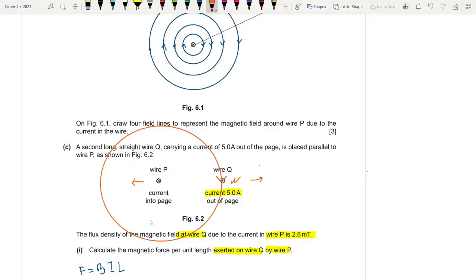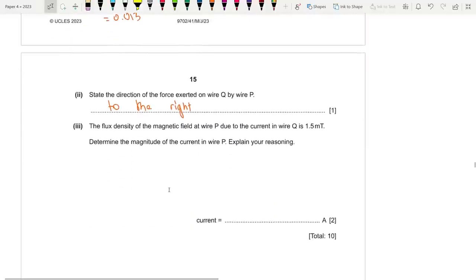My hand is on top of the screen. My middle finger is coming out from wire Q and my index finger is pointing downwards, and the thumb is pointing in this direction. That indicates the force. My index finger represents the direction of the magnetic field and the middle finger, which is coming out of the screen, indicates the direction of the current. So force is felt to the right, but this is totally irrelevant. You can directly find it out because they're carrying current in the opposite direction.